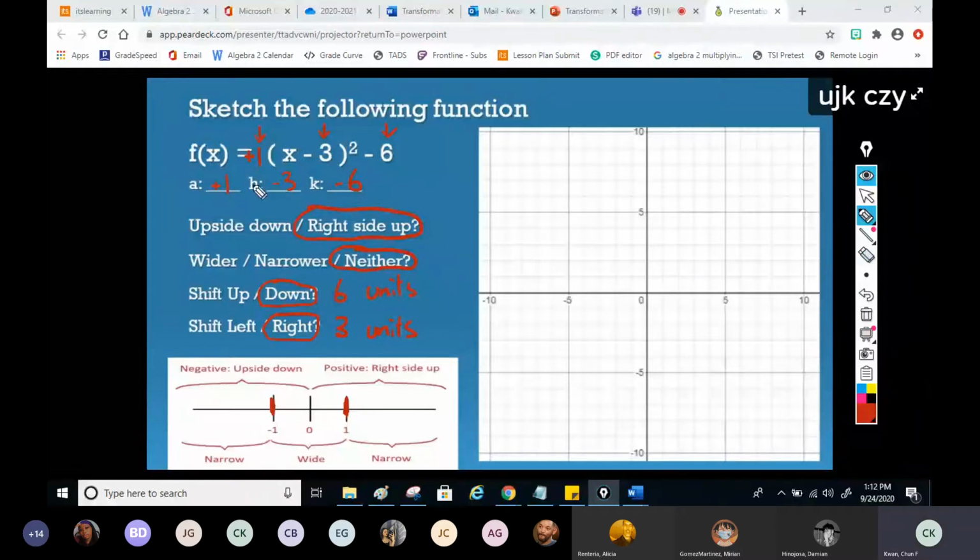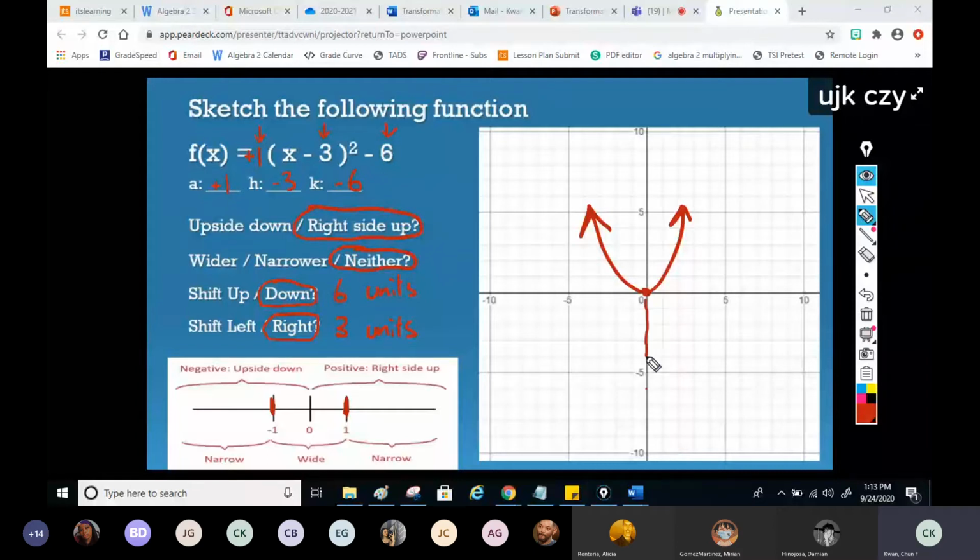All right, now let's go ahead and use this information to graph the line, okay? So the original parent function is right here. This is the original, and the original starts right here. So let's look at the transformation. I need to go down 6 units. So that means 1, 2, 3, 4, 5, 6 right here.